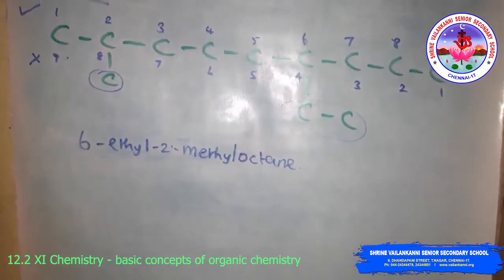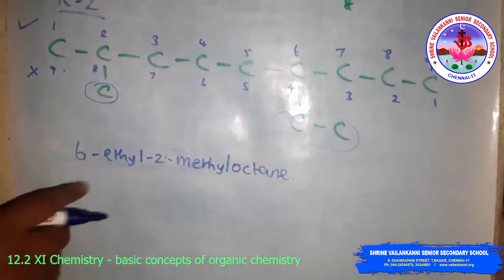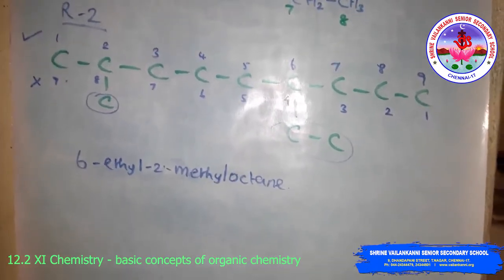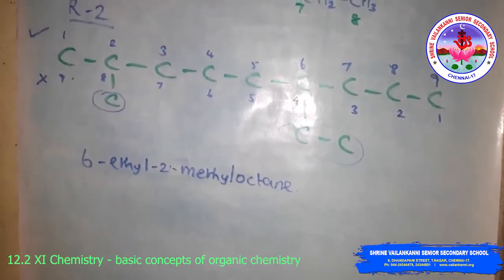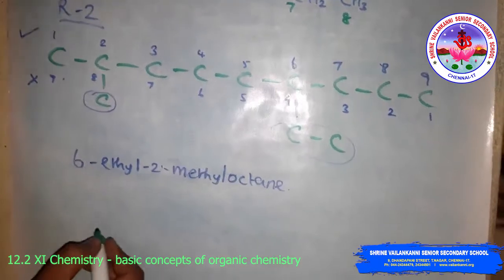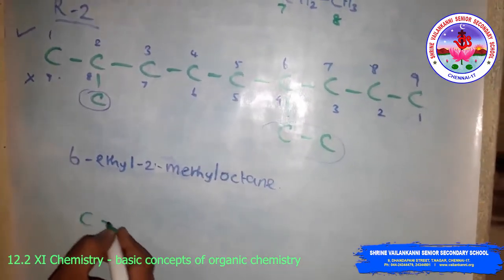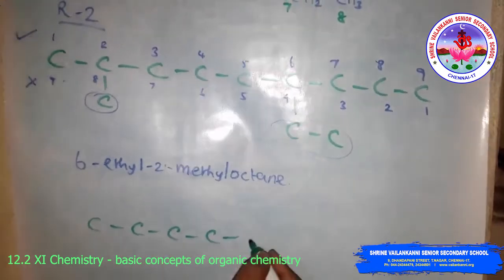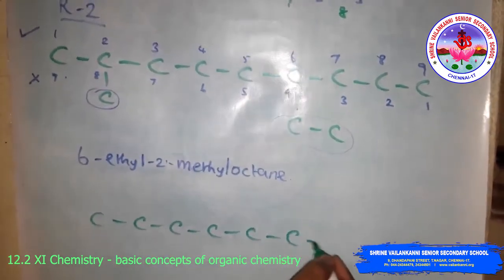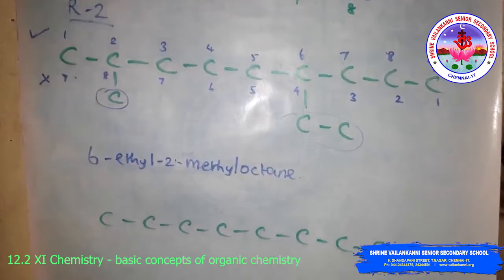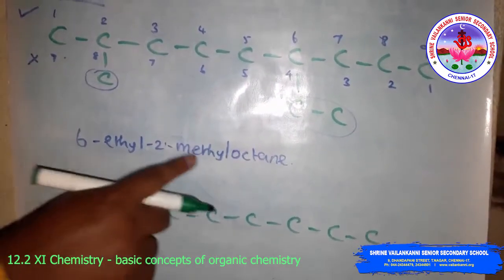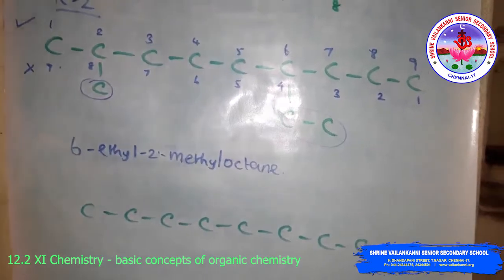So here, 6-ethyl 2-methyl. First you have to write octane. So just write 8 carbon atoms: 4, 5, 6, 7 and 8. Here the 6th position has ethyl and the 2nd position has methyl.